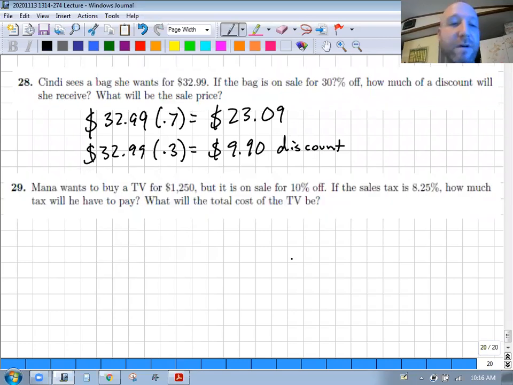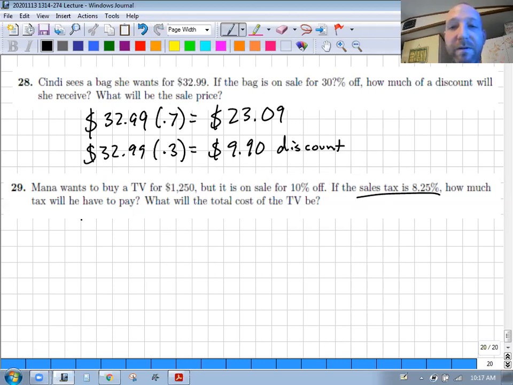All right. Mana wants to buy a TV for $1,250, but it is on sale for 10% off. The sales tax is 8.25%. How much tax will he have to pay? What will the total cost of the TV be? All right, so we have this price, but it's 10% off, and then we have that much tax.